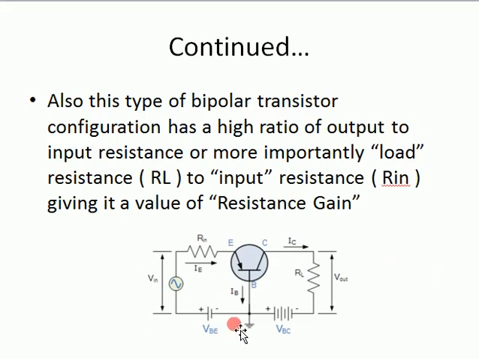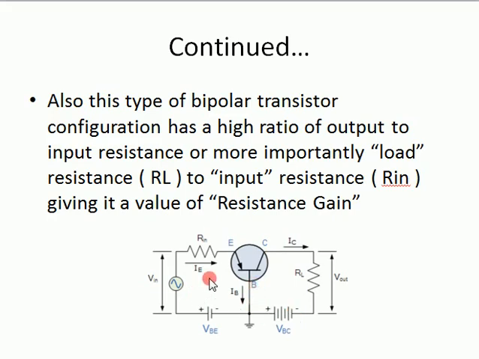Here you see this is the emitter terminal and this is the base terminal, and basically this is an NPN transistor. So the emitter is negative and the base is positive here. And here you see the collector is negative and this is positive, and this collector is connected with the negative terminal of the DC supply, and it is connected with the positive terminal.